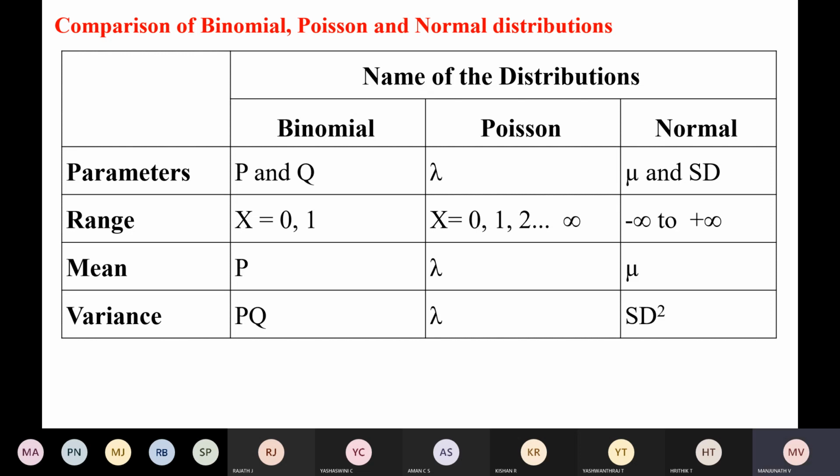This question may appear in section C for 5 marks.